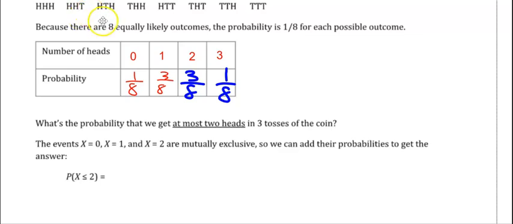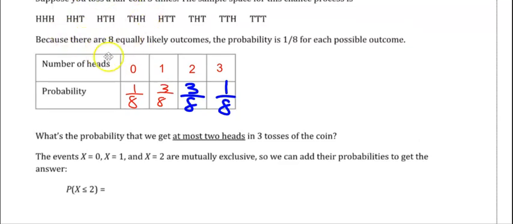So we're looking at this, counting the number of heads. The possibilities are no heads, 1, 2, or 3. So the probability of getting none is 1 out of 8, 1 is 3 out of 8, 2 is 3 out of 8, and 3 is 1 out of 8.